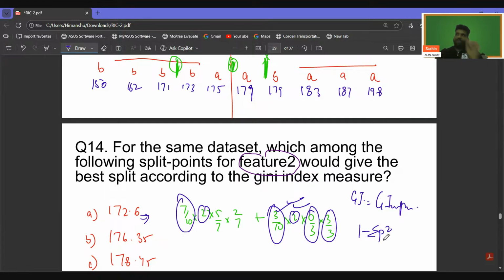So for the first one, for the second one, after the split, both of them, and then that tells me the overall Gini impurity, weighted by the number of data points on both sides, and then what was the Gini impurity initially. You need to subtract to find out where I would be reducing the impurity most, and that is going to give me the answer.